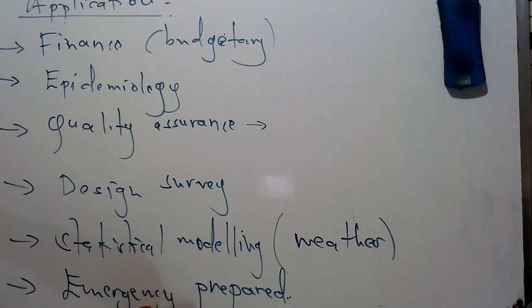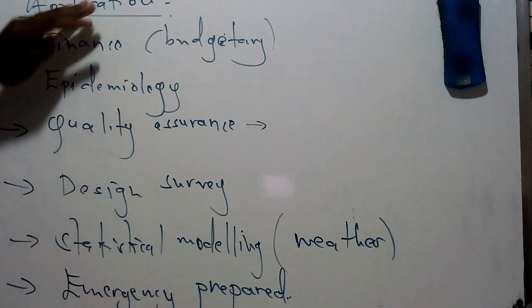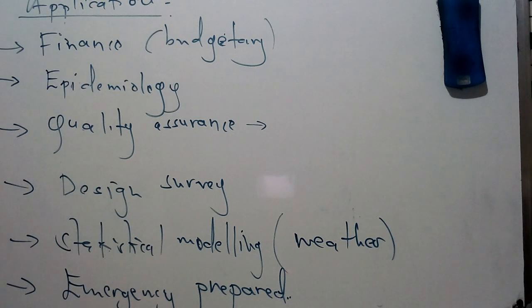Having relevant information from previous events or occurrences is going to assist us in coming up with emergency preparedness practices which help us counter or be ready for any eventuality which we may come by, in events of extreme weather and other aspects which I've mentioned. So these are some of the application areas of the concept of statistics.